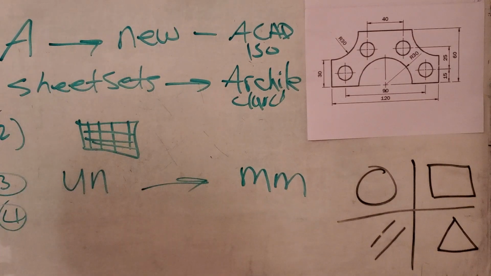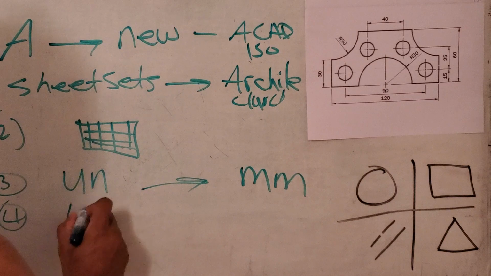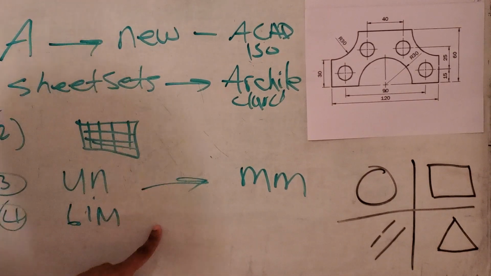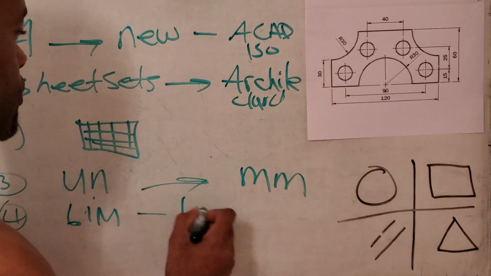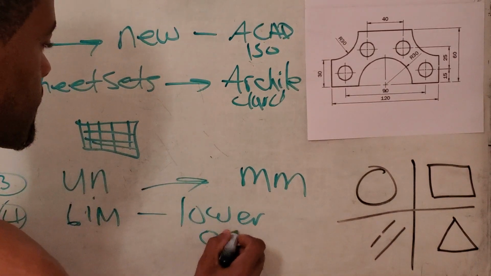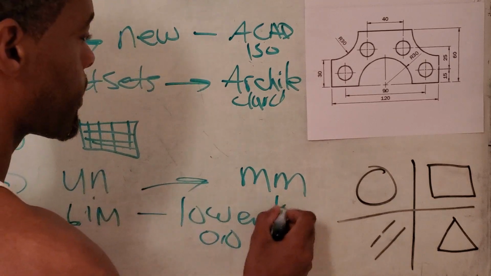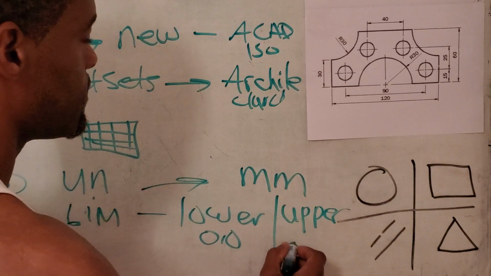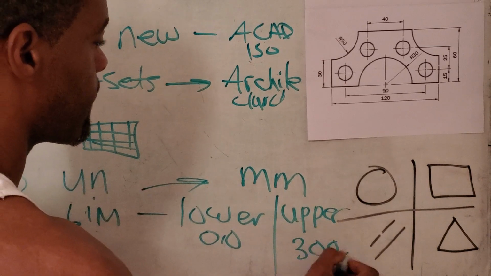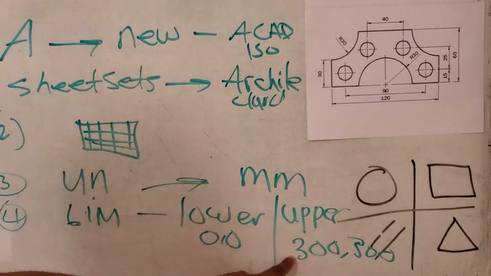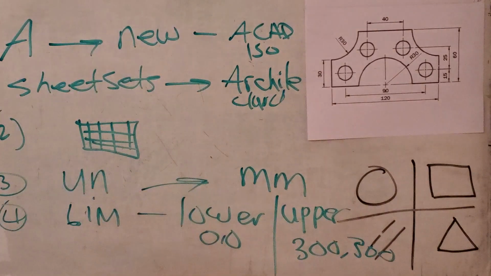And your drawing lower limit is always 0, 0. Upper limit is 300, 300.